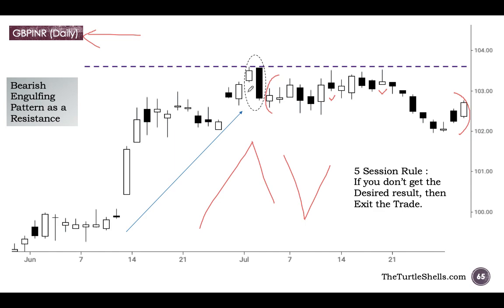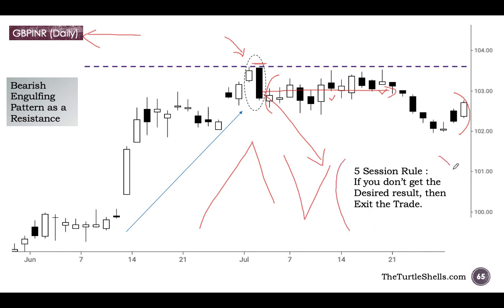So it ends with the bearish engulfing pattern, meaning that the price is either going to go flat or it is going to go down. In this case, it has chosen to go flat because there is a window here. That we will discuss later, but please understand that the bearish engulfing pattern becomes a very strong resistance that gives us the confidence to keep our stop loss above this resistance line.